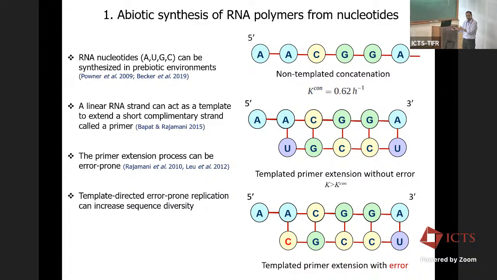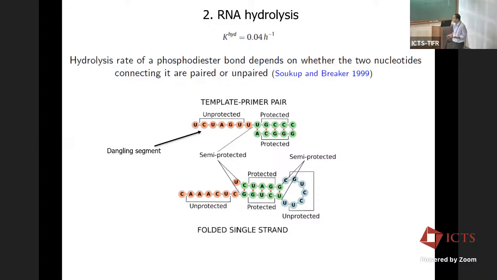So the primer that is produced as a result of error-prone replication process can have a sequence that is very different from the one that is complementary to the template. And it is initially this difference due to error-prone replication that plays a role in sequence diversity that was an essential ingredient for these ribozymes and protocells to emerge.